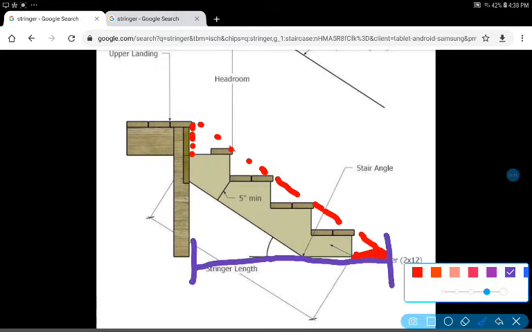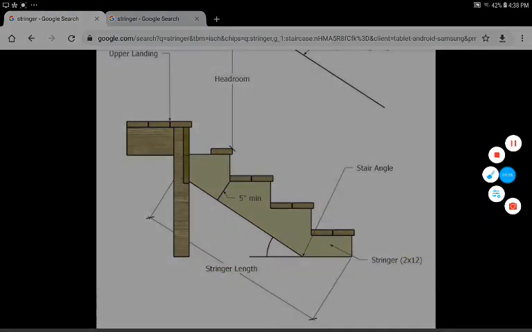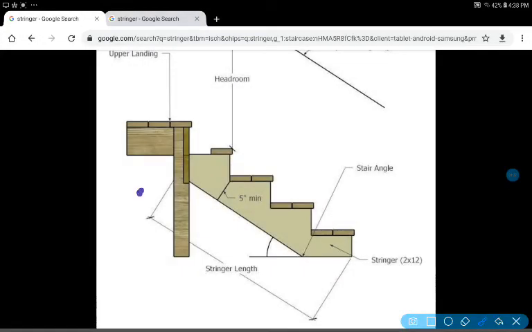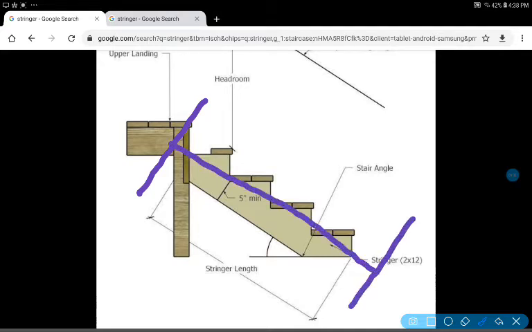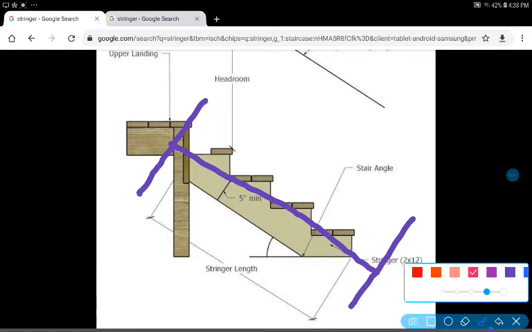And the last thing that we're going to solve for is the stringer length. That's going to be the distance from here out to here. Now again, just like before, it's not uncommon for the stringer to be up here and all the way down here, depending on the design of the stairs.